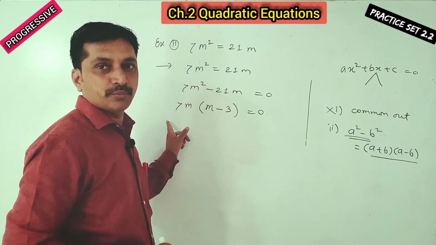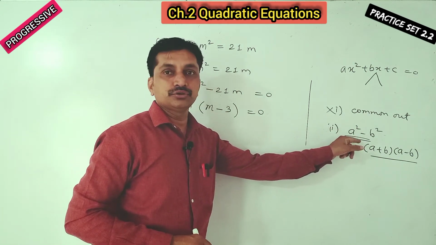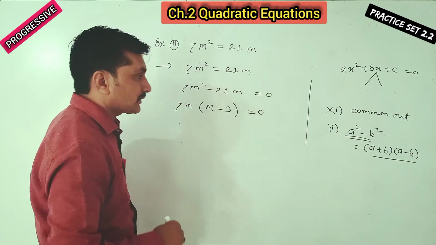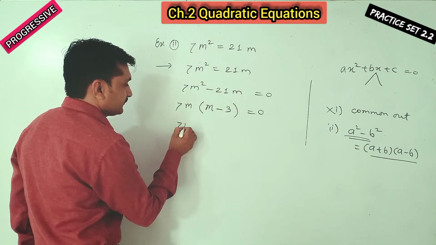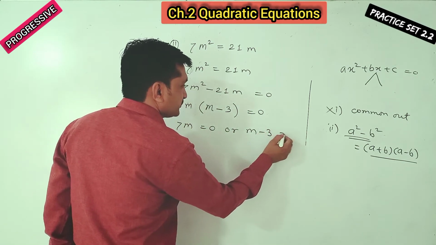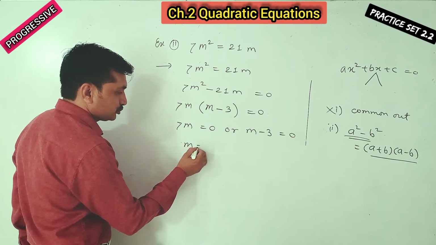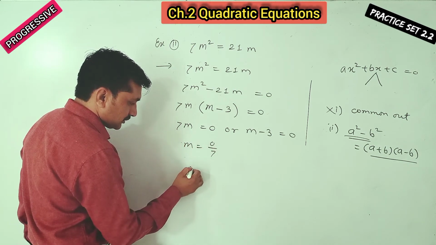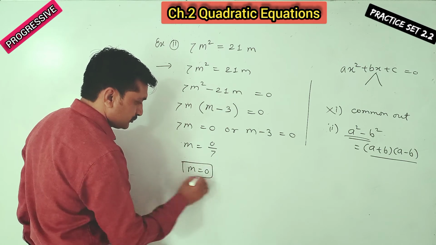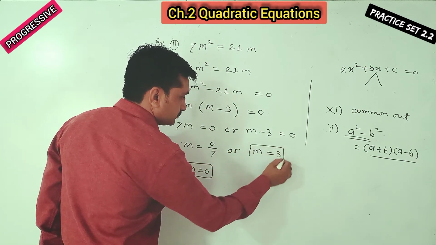If we can take common out, then no need to use the difference formula. Now separate: 7m is equal to 0, or m minus 3 is equal to 0. Then m is equal to 0 upon 7, m is equal to 0, first value, or m is equal to 3, second value.